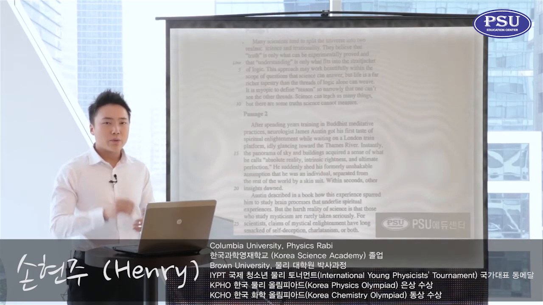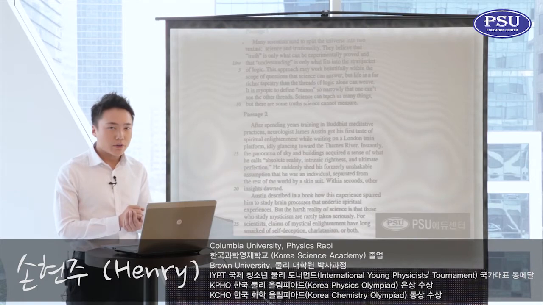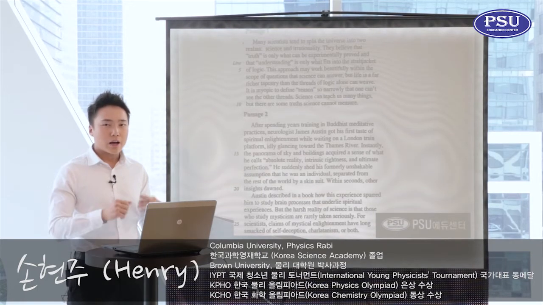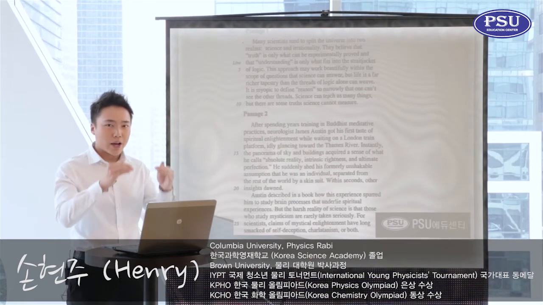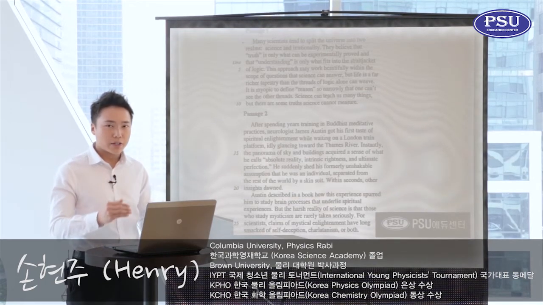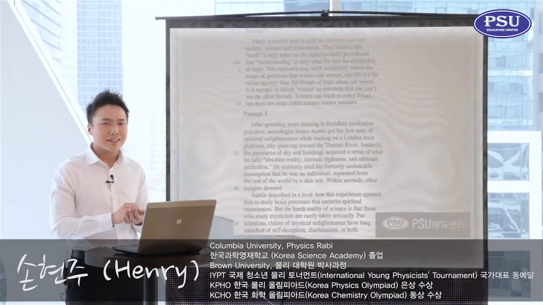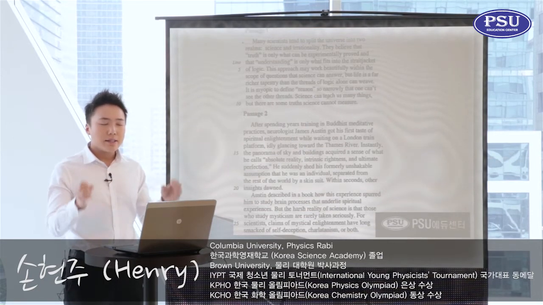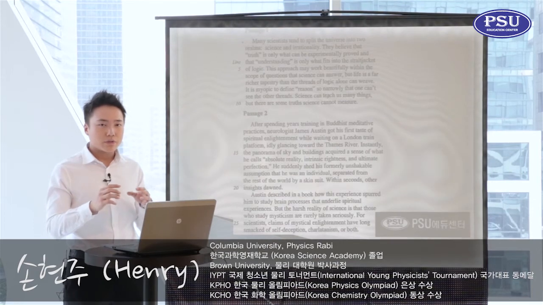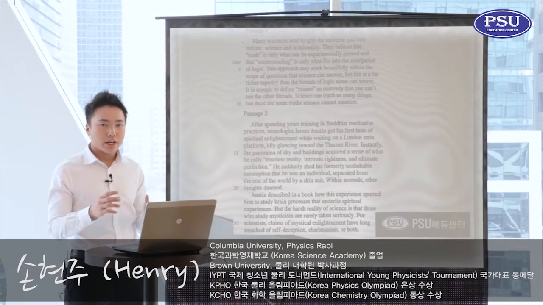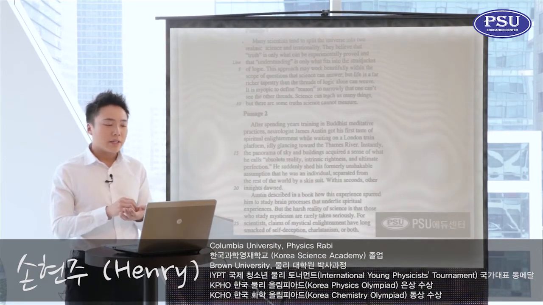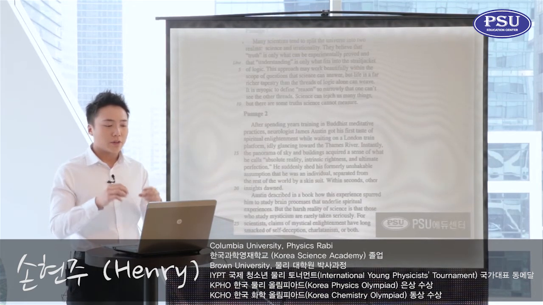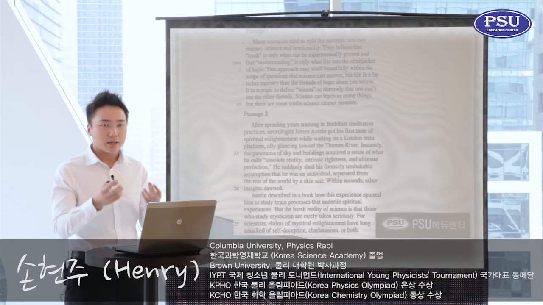So it's good to understand what the attitude of the passage 1 author is, what the attitude of the passage 2 author is. In order to do that, a good way is, after you read passage 1 and passage 2, you come up with a sentence that you write in your own words that contains the main idea, the main topic of the passage, and that involves the author's attitude towards the topic that is handled inside the passages.